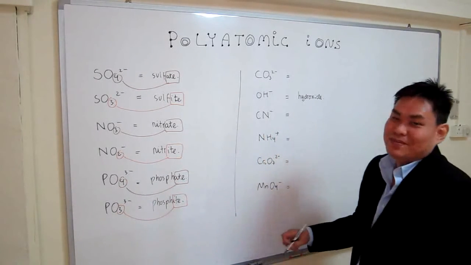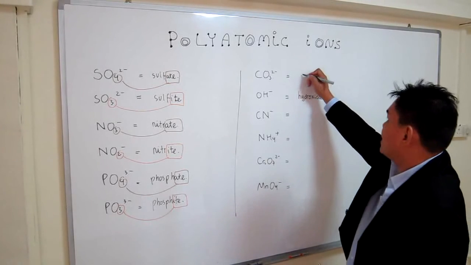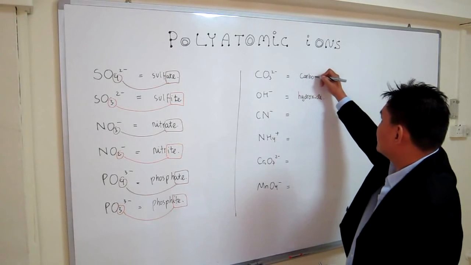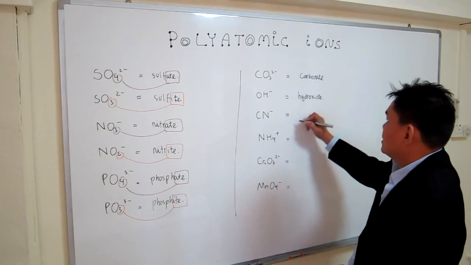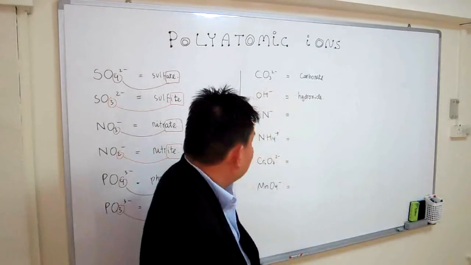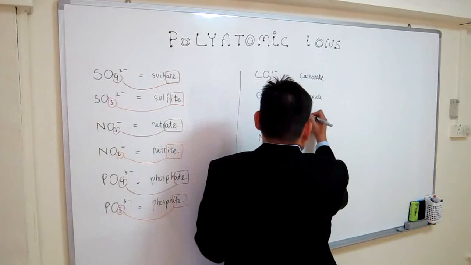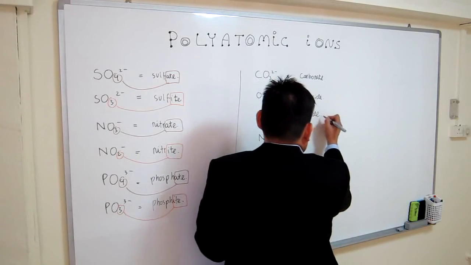CO3 2-. I think most of you know. This one is called carbonate. CN-. CN- is not so common. It's called cyanide. It's a type of poison.